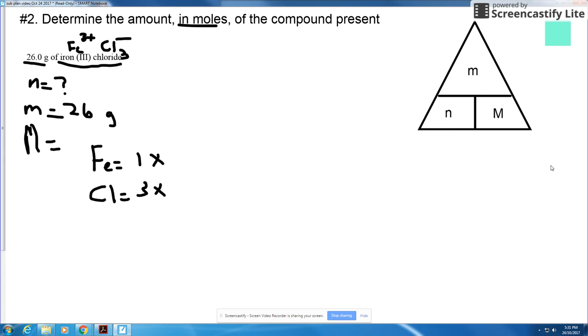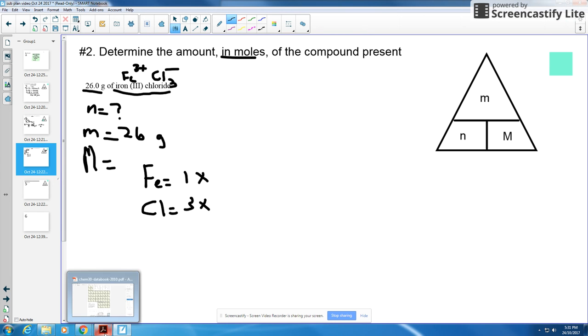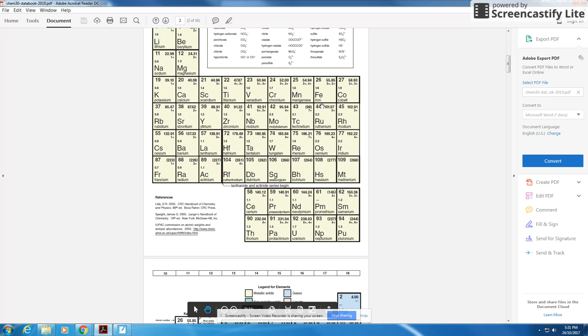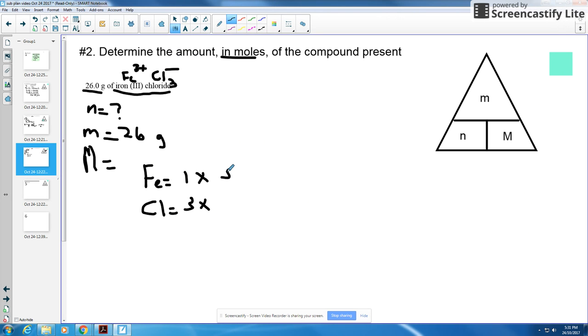Looking at your data booklets, you guys will see the atomic mass for iron again is 55.85. Some of you might have chlorine memorized at this point. And I believe it's 35.45.